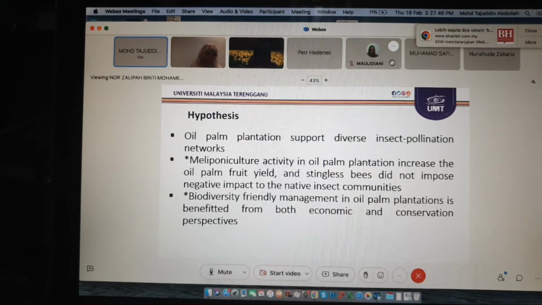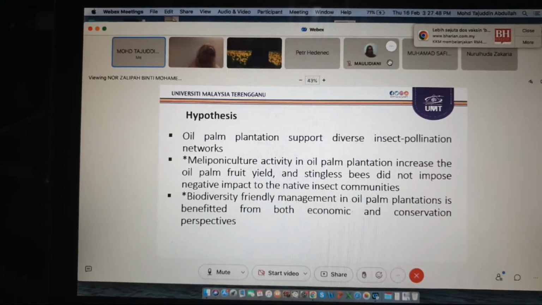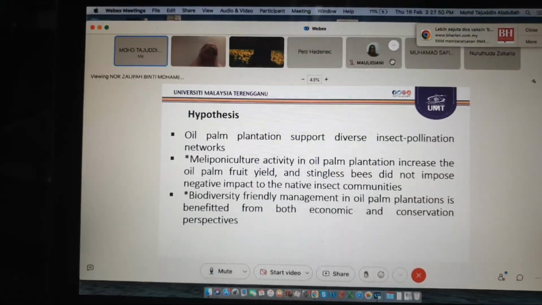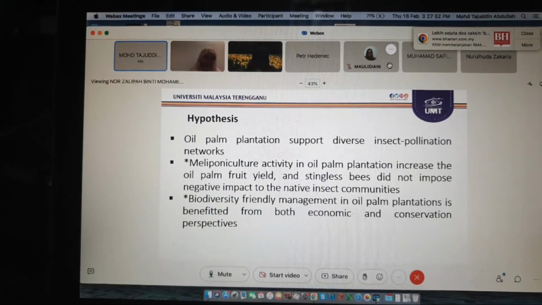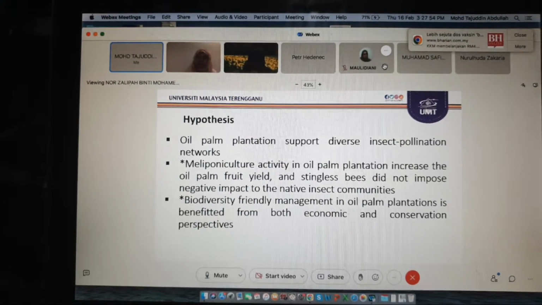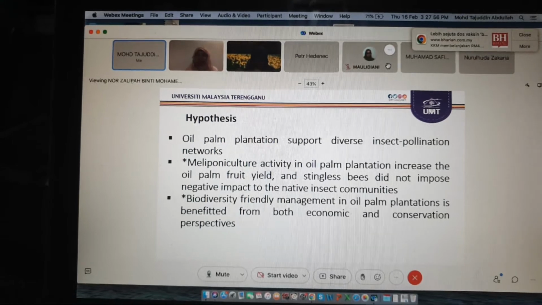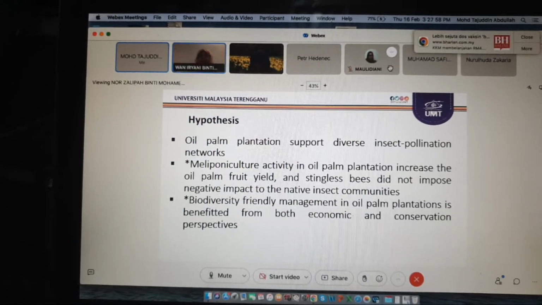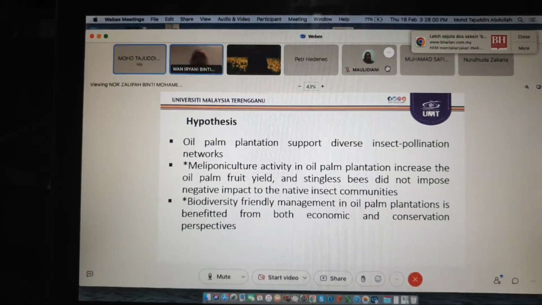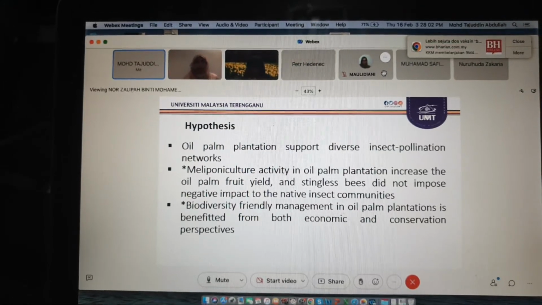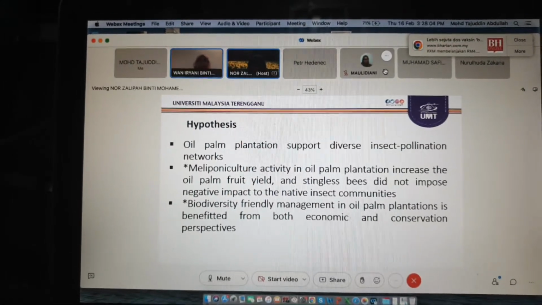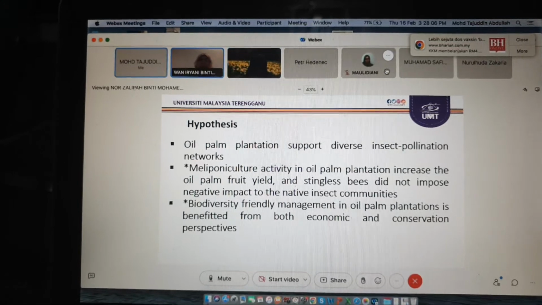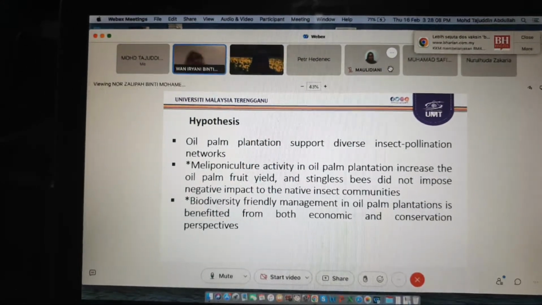Prof Wan, how much, from your experience, does one colony generate in income for a year from honey production? At least RM 1,500 a month.